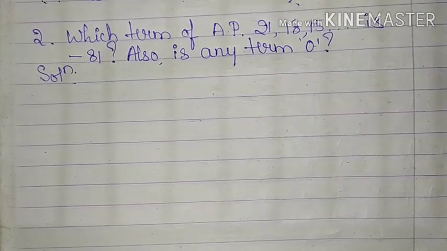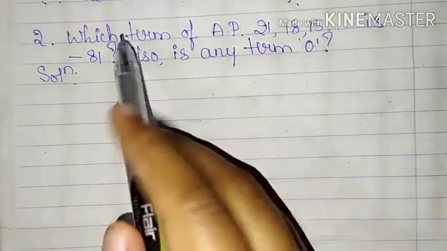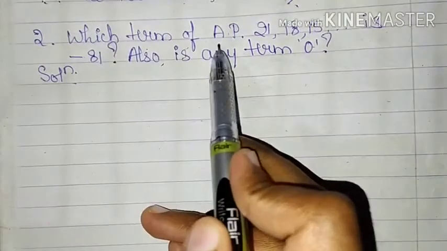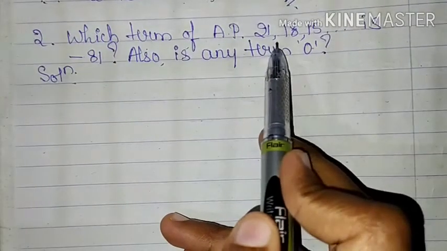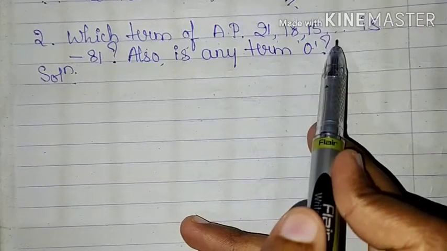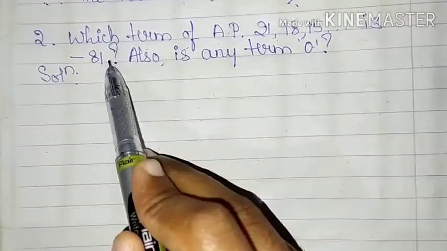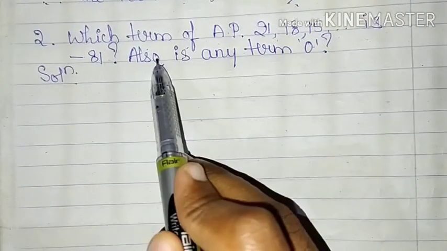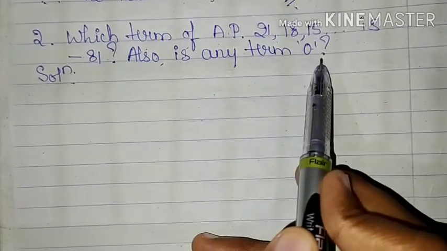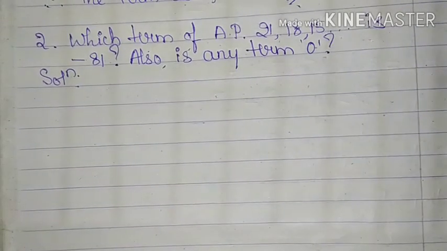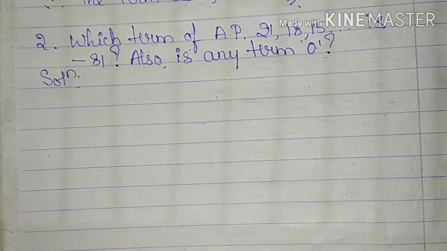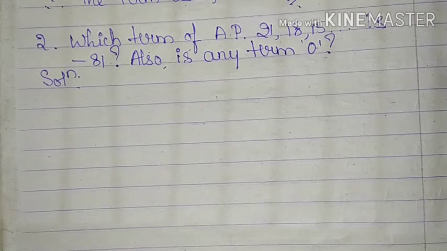Okay, in the second question: which term of the AP 21, 18, 15 and so on is minus 81? Also, is any term 0? In this they have given us an AP, that is 21, 18, 15 and it goes on like that.